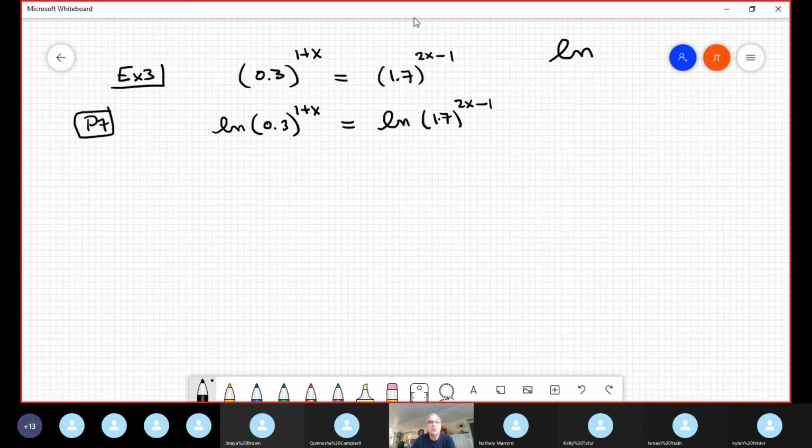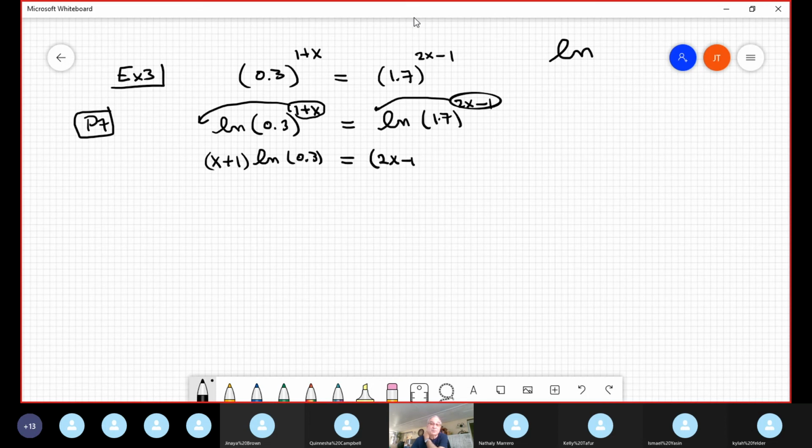This exponent goes to the front, and this exponent goes to the front. So we have (1 plus x), doesn't matter the order, parenthesis. Don't forget the parenthesis. The parenthesis is extremely important, because if you ignore it, you are in big trouble. So (2x minus 1) ln 1.7.